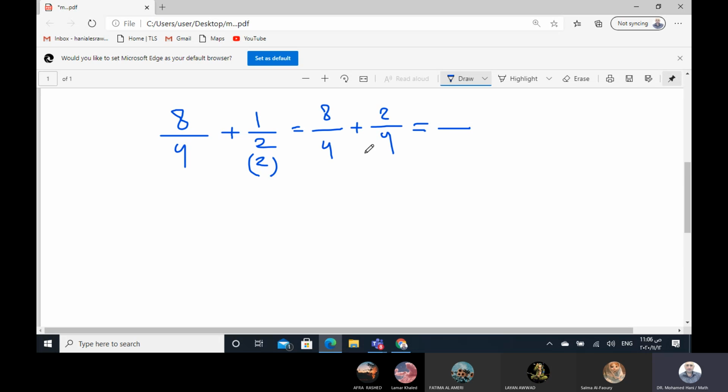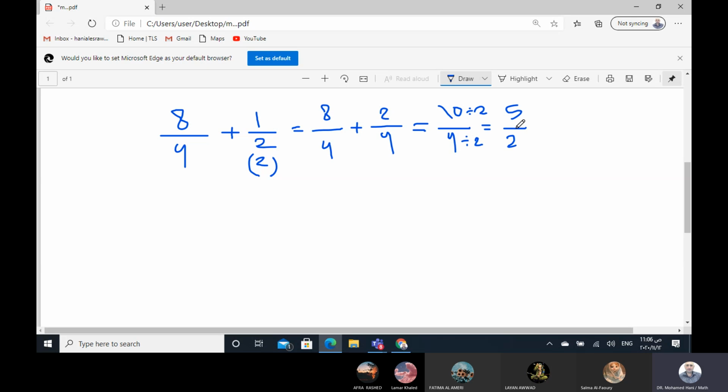Now we can add, here 4 and here 4, so we put 4, then 8 plus 2 will be 10. You can do the simplest form here. The GCF between 10 and 4 will be 2, so divide up by 2 and divide down by 2. 10 divided by 2 will be 5, and 4 divided by 2 will be 2.